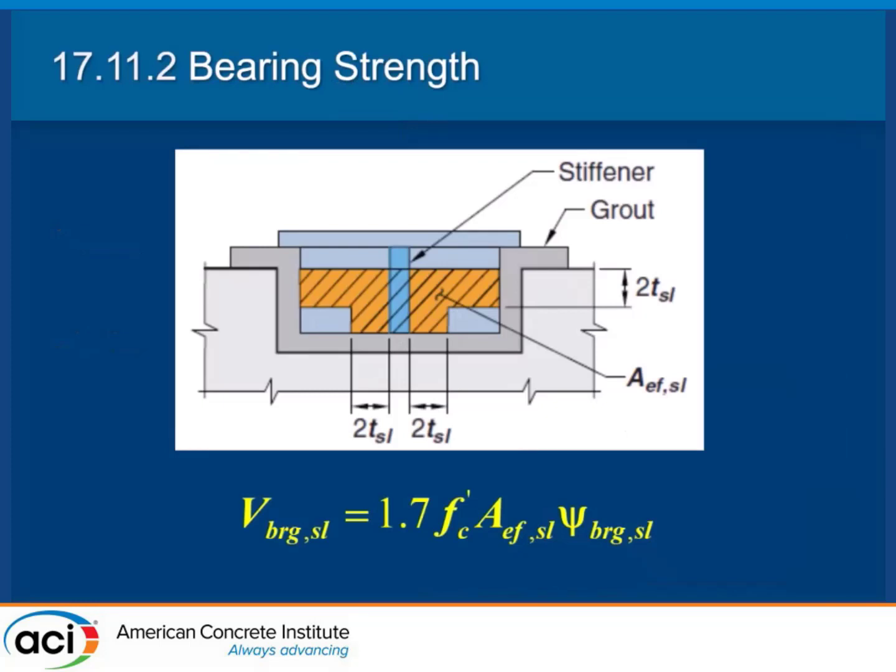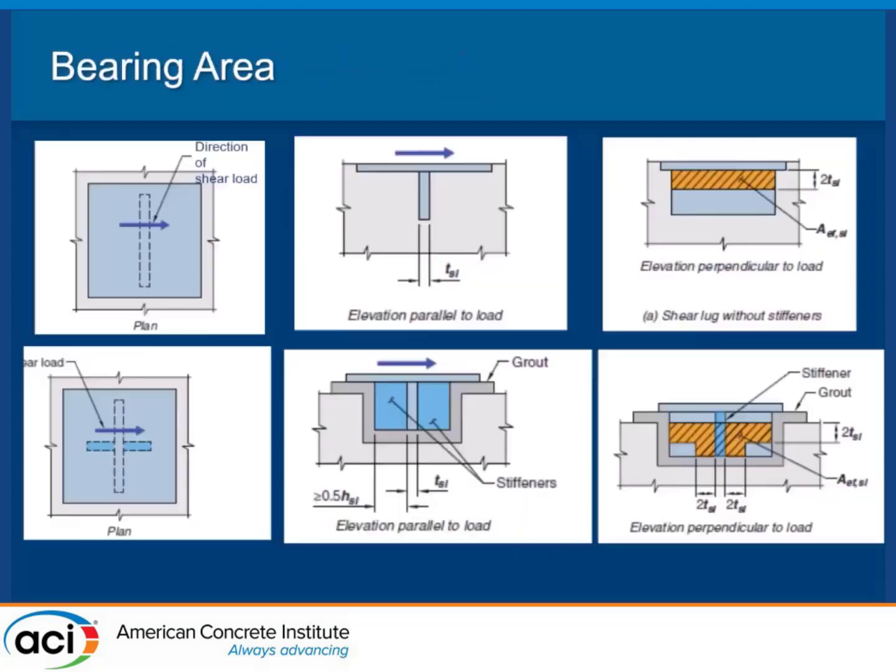And if you're not getting enough area, stiffeners can get quite thick really quick. The deeper you go, you can put a stiffener in to increase your bearing area so you can get around this problem. There's the same thing in the previous page. If I've got a shear in one direction, just because I have a really deep plate, it's really the thickness of that stiffener that determines how much bearing area I can take.